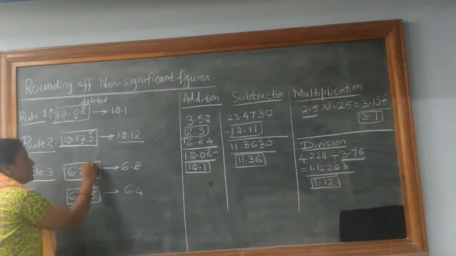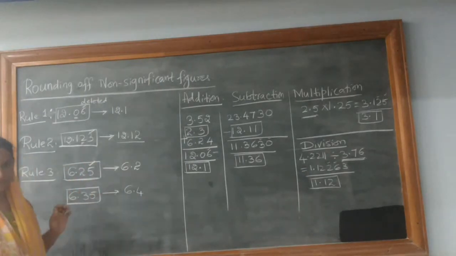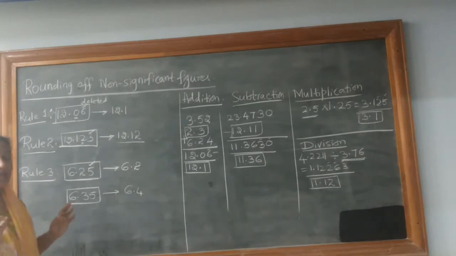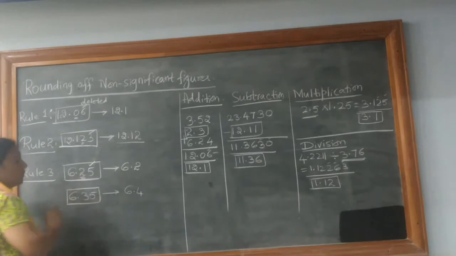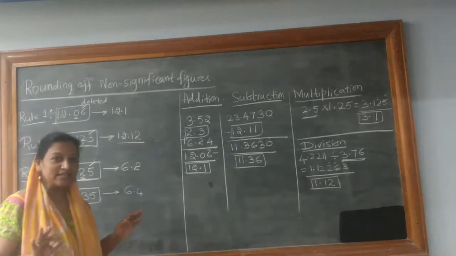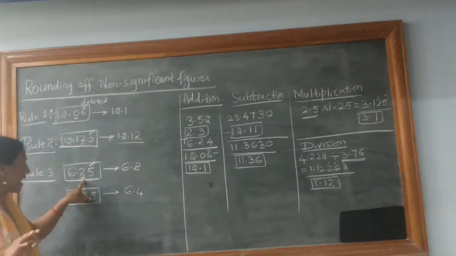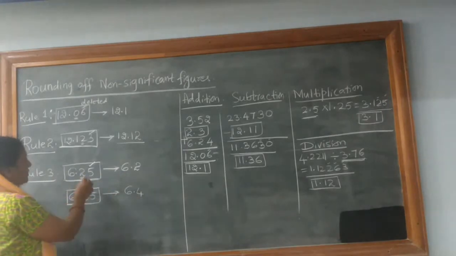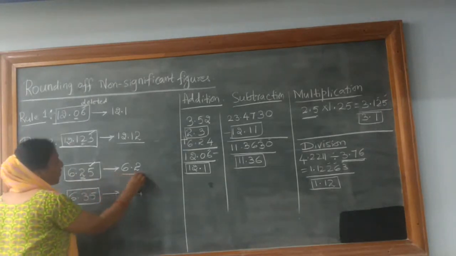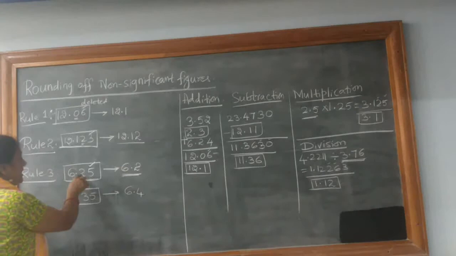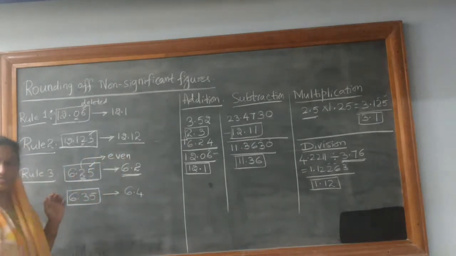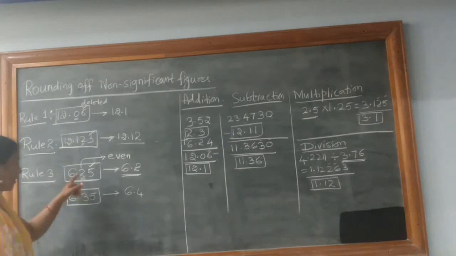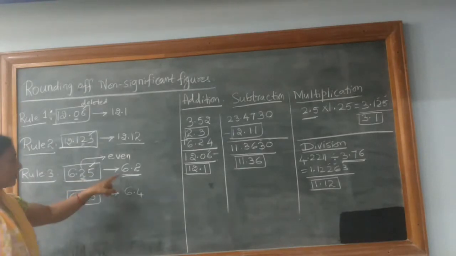If the digit to be dropped is 5, then don't make any change in the preceding digit, here 2. Report it as it is. So here it is 6.2 when the preceding digit is even. So 2 is an even digit, so you are not going to make any change. You will report it as 6.2.